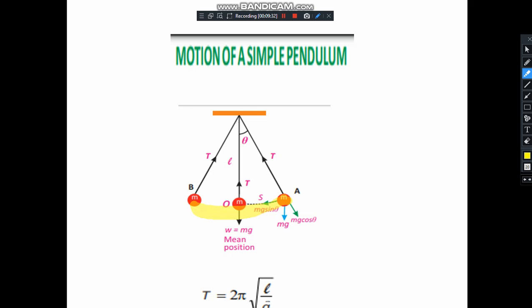The time required to complete one vibration is called the time period.